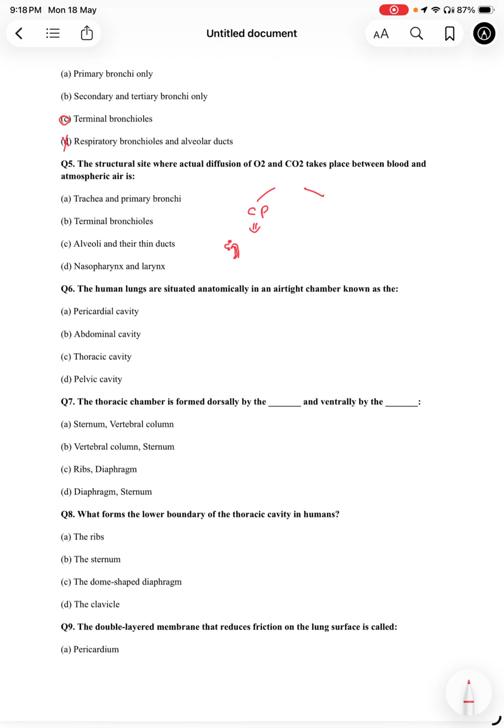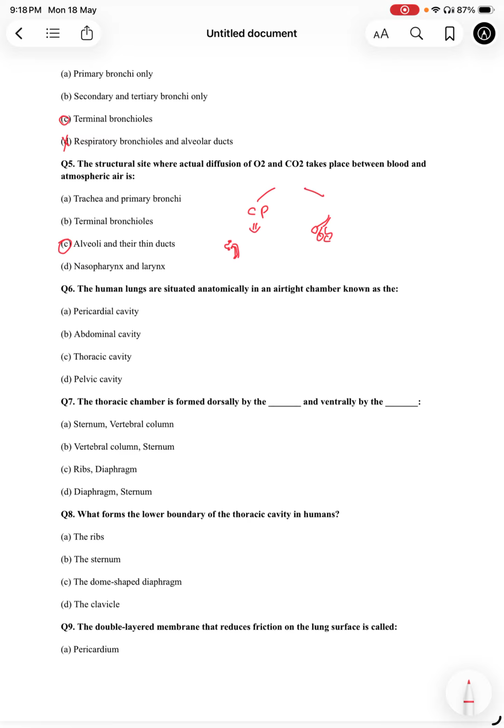But where does the respiratory or exchange part happen? It basically happens in the alveoli, and the alveoli is the actual site for passive diffusion of gases down their concentration gradients. So what is the answer? Alveoli and their thin ducts.